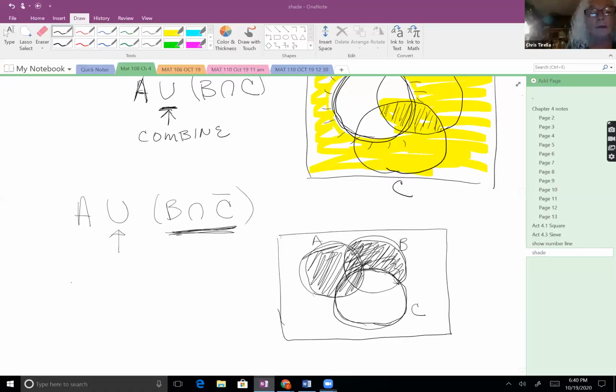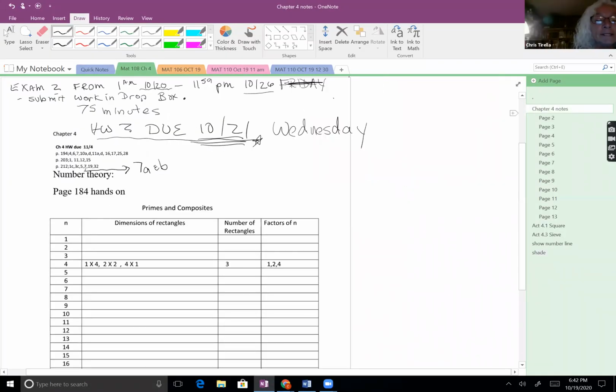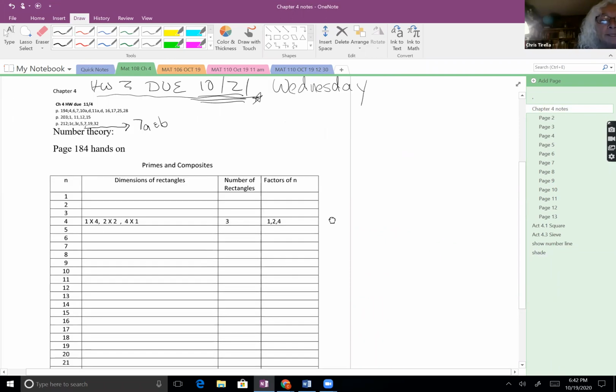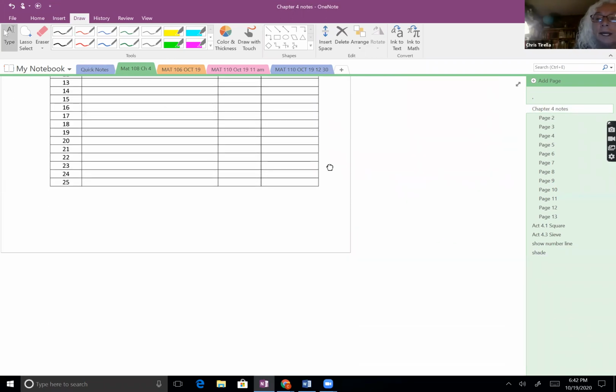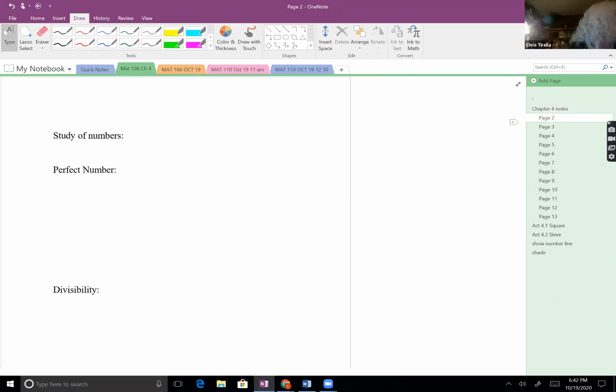If not, I got to start sharing my screen before I go back there. Sorry about that. I want to skip this prime and composite thing for a minute and look at the chapter 4 notes.